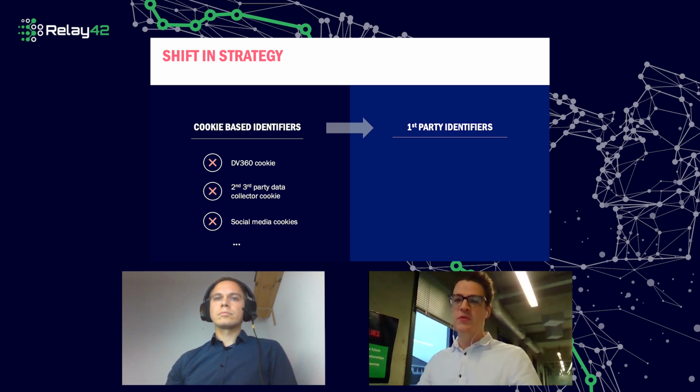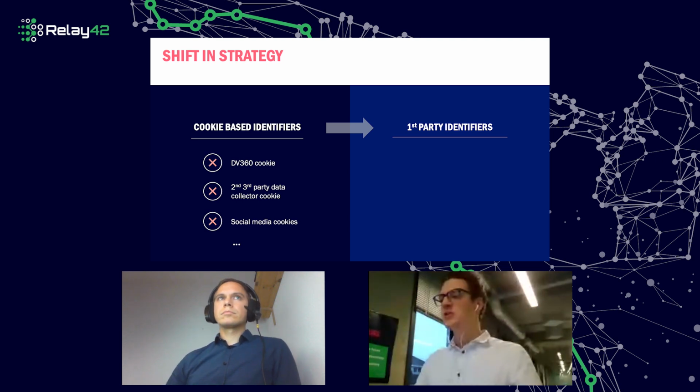This means moving to first-party cookies and first-party identifiers like personal identifiers, email hash, phone hash, customer ID, but also, as Miles mentioned in the keynote, device IDs. Those are persistent IDs as well.